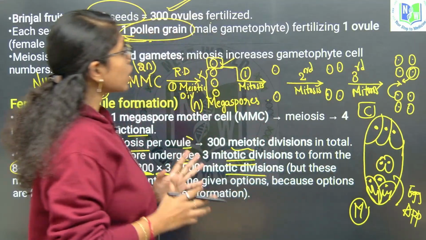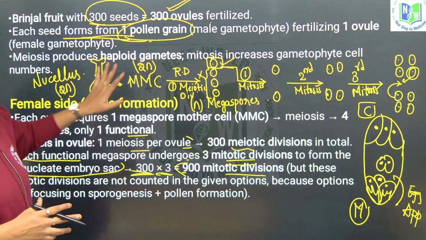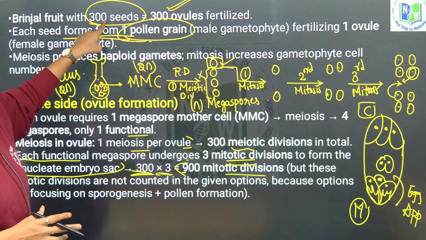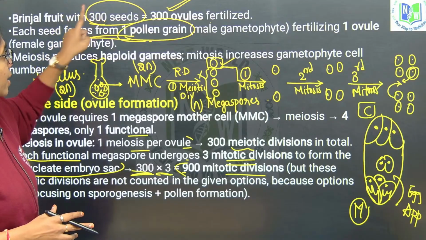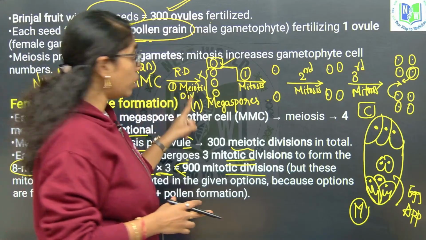So what is the contribution of mitotic and meiotic divisions, beta? Here he has given 300 seeds, and each megaspore mother cell is present inside each ovule.